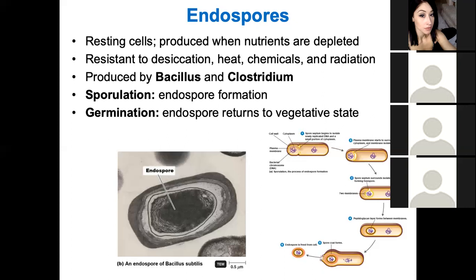And in order to raise the temperature of a liquid above 100 degrees Celsius, you have to put it under pressure. So we effectively use a pressure cooker, which we call an autoclave. It is routine clinical practice to autoclave media and equipment. Surgical equipment, all of those things are autoclaved in order to sterilize them, to kill the spores that might be on them.